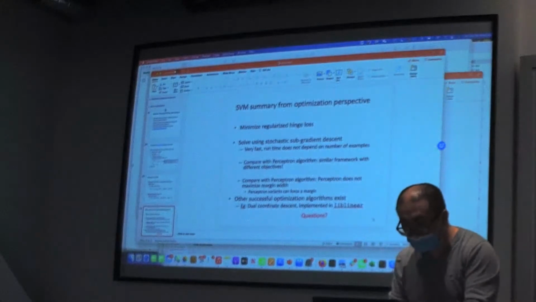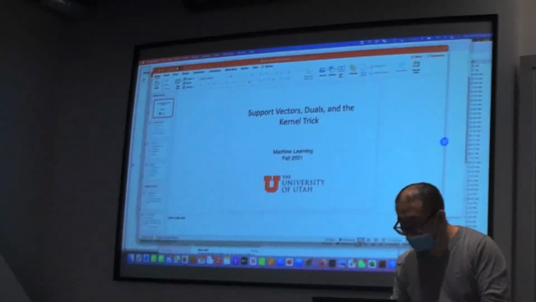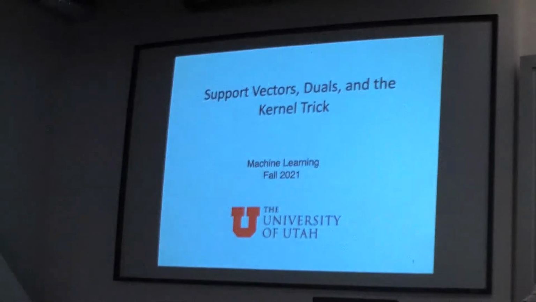Now, we're going to talk about the dual space of SVM. I bet most people who say they know SVM don't know what the dual space of SVM is, how to train in the dual space, or what the meaning of support vectors is. They have no idea about this.